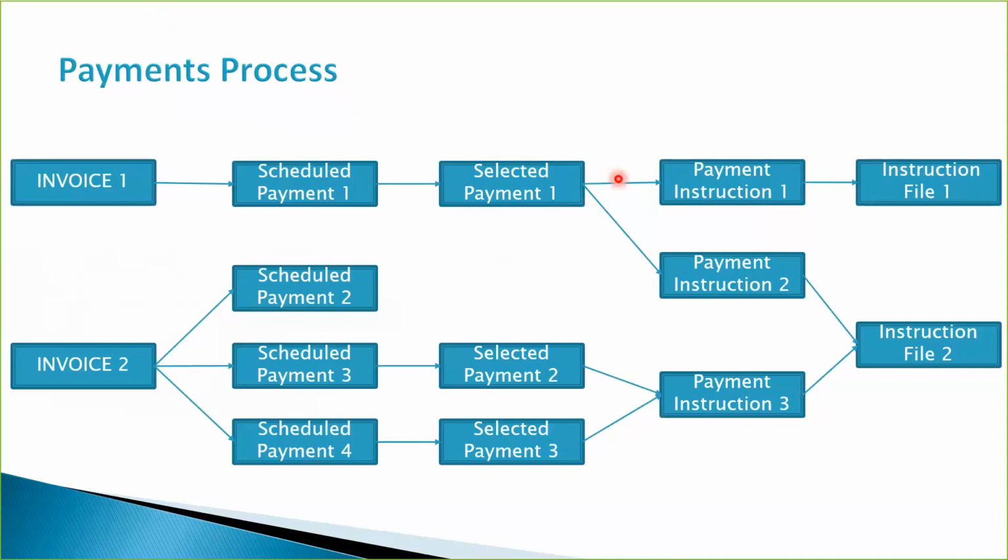So we can say that from selected payment going onward, that part is handled by Oracle Payments. Well, from invoice to selected payment, then this process is handled by Oracle Payables.